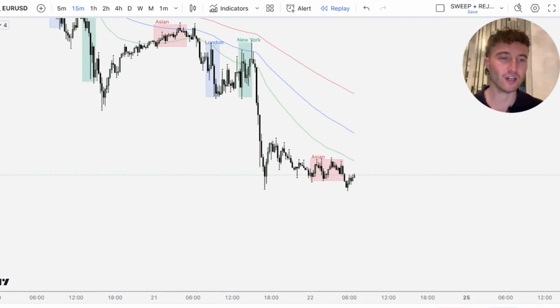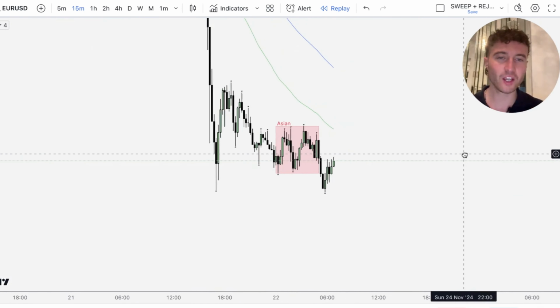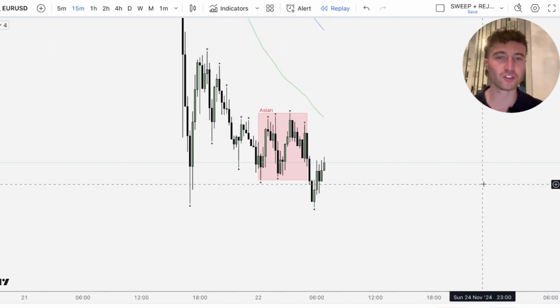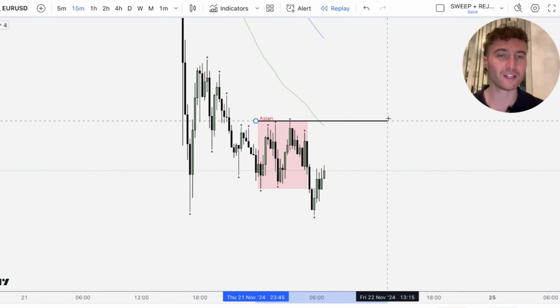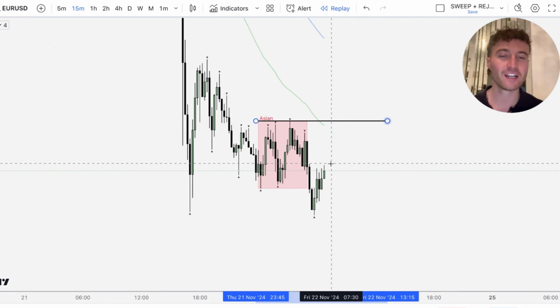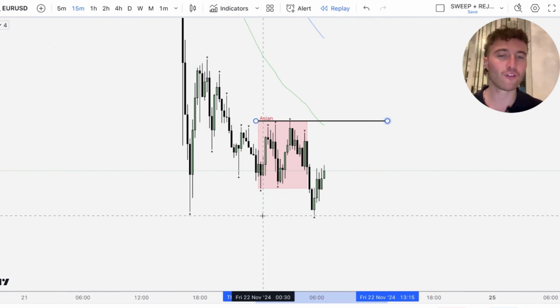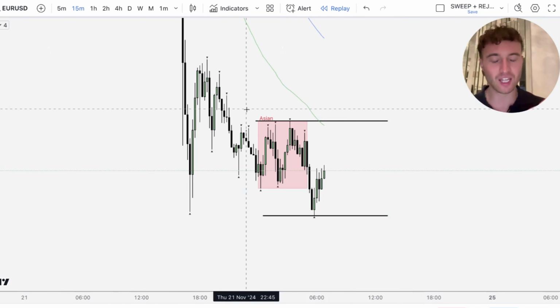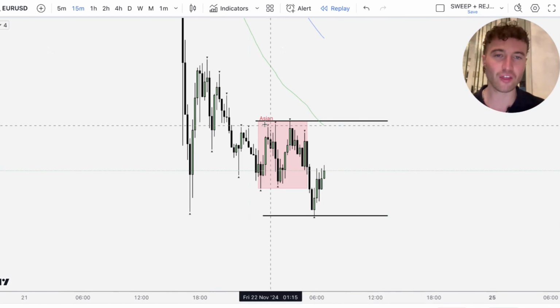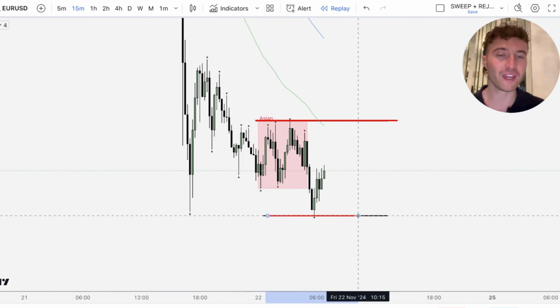Looking right here, what we can see overnight, during the Asian session, is that we have built up this liquidity right here. So we have an Asian session high, and we also have a low in the market right here. So we've identified step number one, which is the accumulation phase.